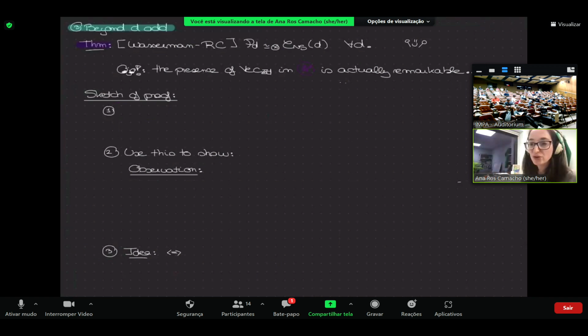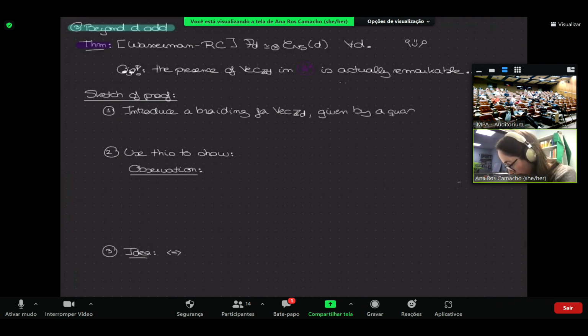Let me give you a sketch of our proof. So first I'm going to introduce a certain braiding for this Vec Z_D. And as you may guess, this is given by a quadratic form, sending x to exp(πi x²/D).